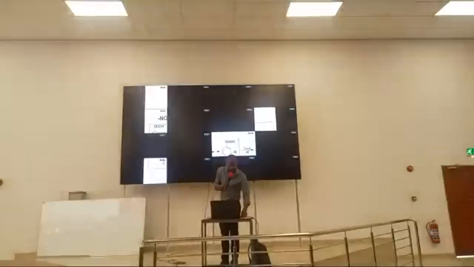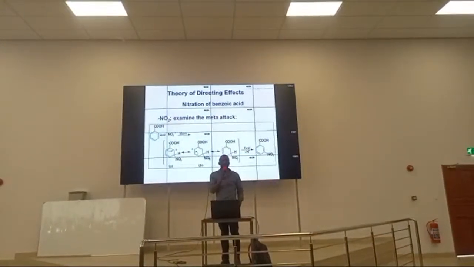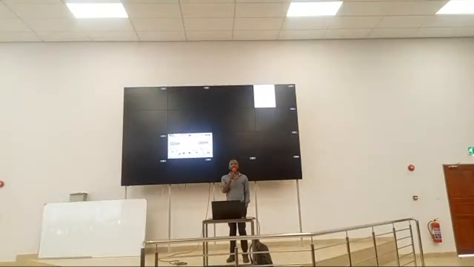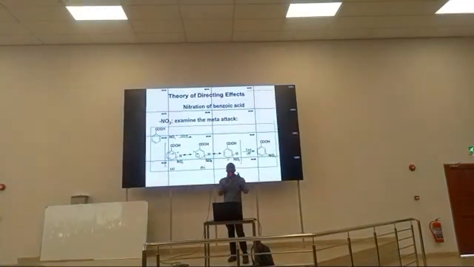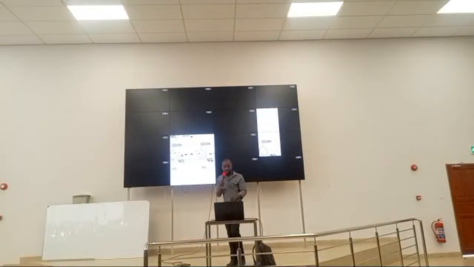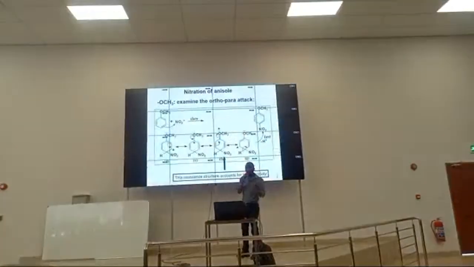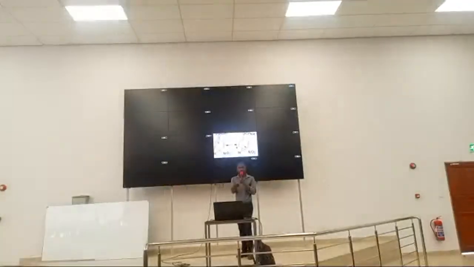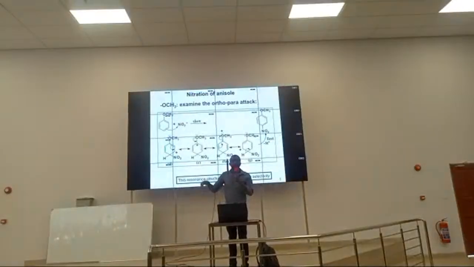Now, if we look at the carboxyl, carboxyl attached to the benzene ring, again, you can remember that carboxyl is electron withdrawing. And I want to avoid confusion here: even oxygen that is directly bonded to the carbon is electron withdrawing through inductive effect, but it is also electron donating through resonance effect.